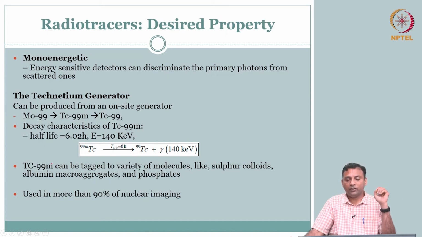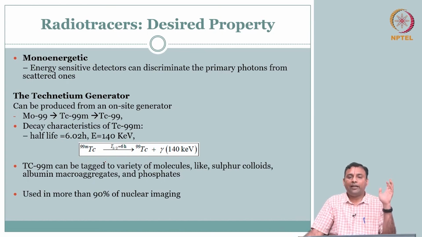Okay, so we talked about some of the desired properties, and this is a routinely used one because it satisfies several of these. By the way, there are maybe 1000, 1200, 1500 radio tracers that have been developed.